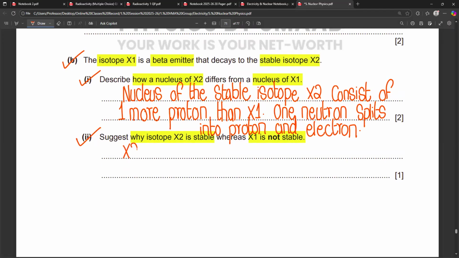So X2 contains one less neutron in the nucleus.